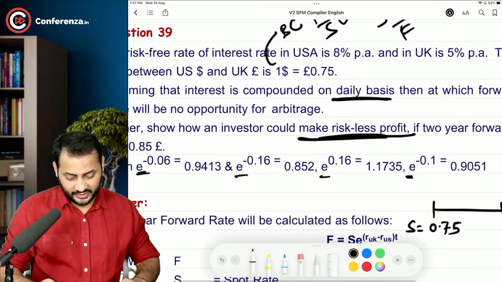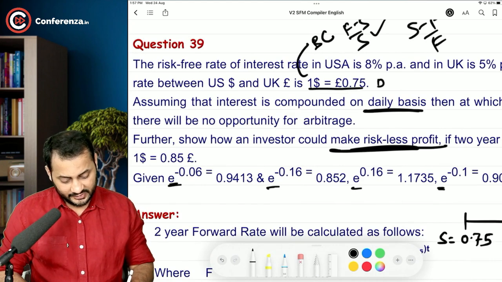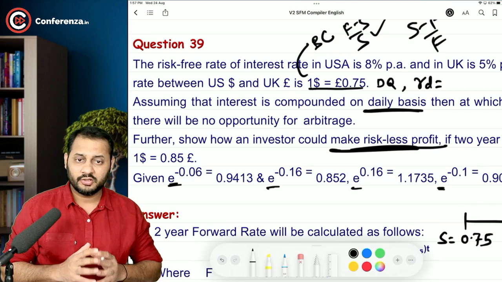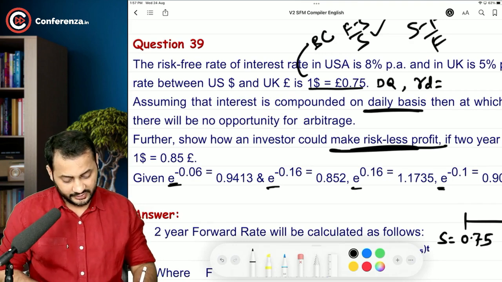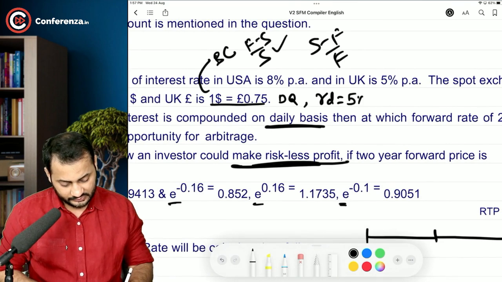Understand, if you take this rate as a direct quote, then RD will be your, how much, which country, which currency? UK, that is 5%, and RF will be 8%.